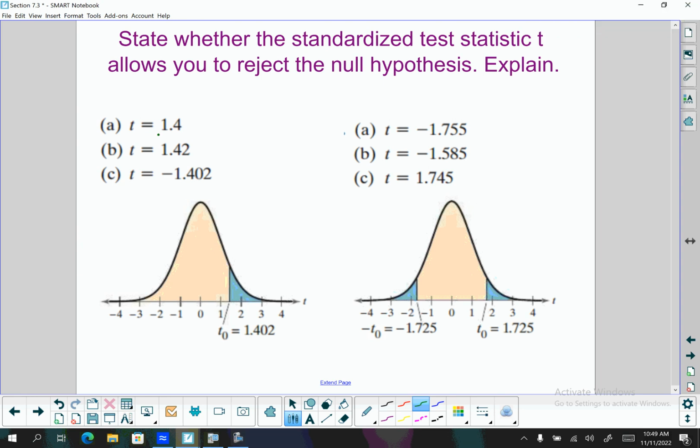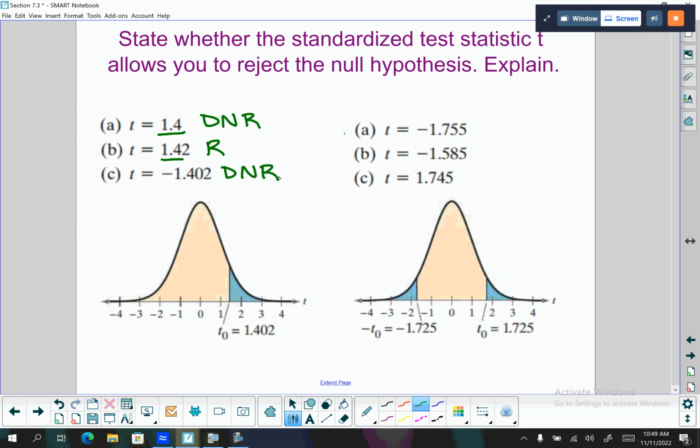If my t-value is 1.4, is that in the shaded region? No. It is not. So what does that mean? Yep. Do not reject. Okay. What about 1.42? Reject. What about negative 1.402? Do not reject.